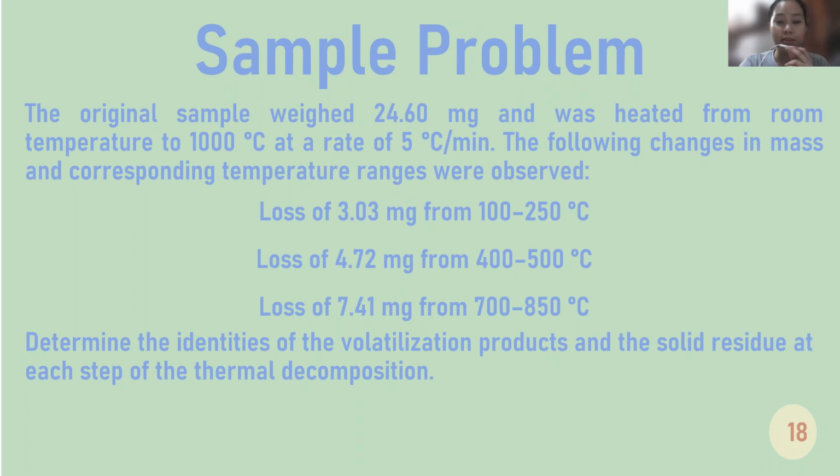The problem asks to determine the volatilization products and solid residues at each step of the thermal decomposition. First, let's address the loss of 3.03 milligrams from 100 to 250 degrees Celsius.